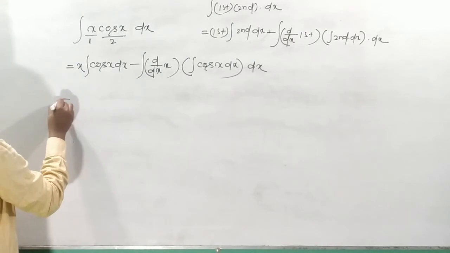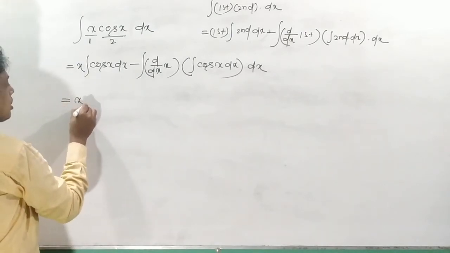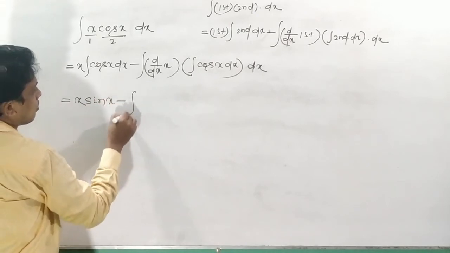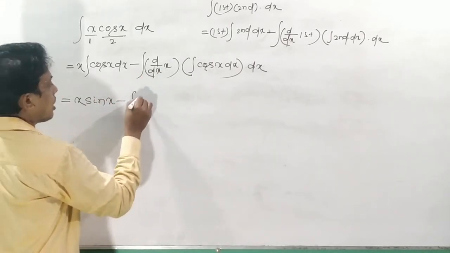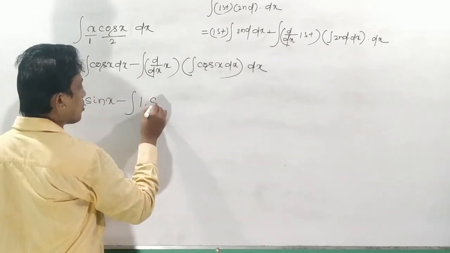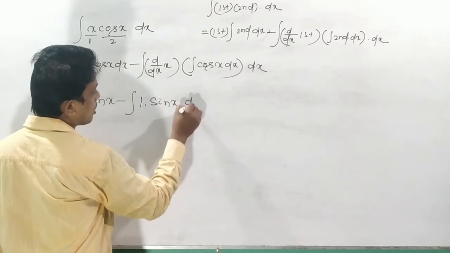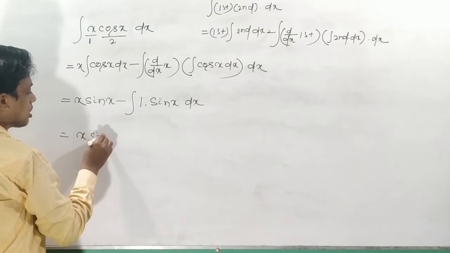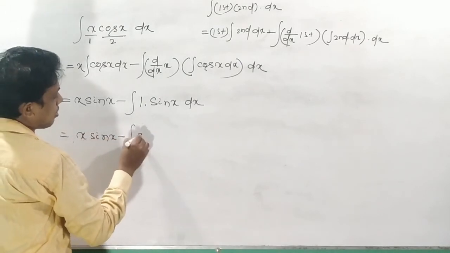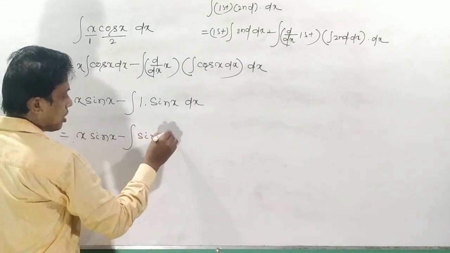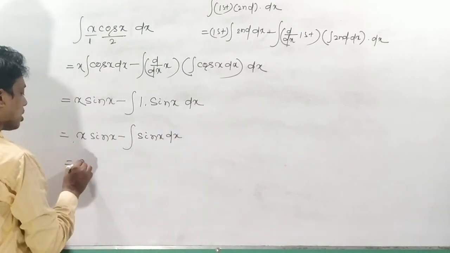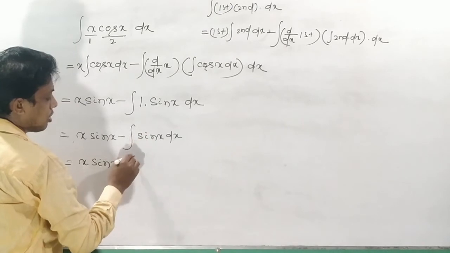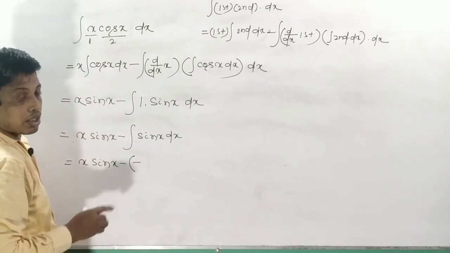Okay. Then now x, the integration of cos x is your sin x, minus the derivative of x, which is 1, into integration of cos x, which is sin x, into dx. Now which is x sin x minus integration of sin x into dx, which is x sin x minus, the integration of sin x is minus cos x.